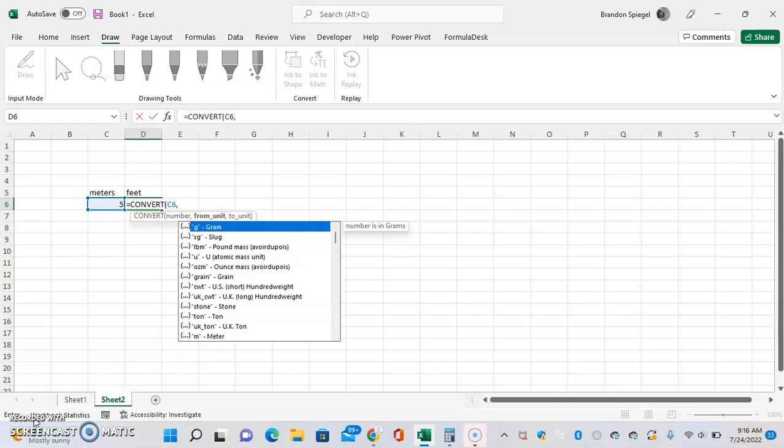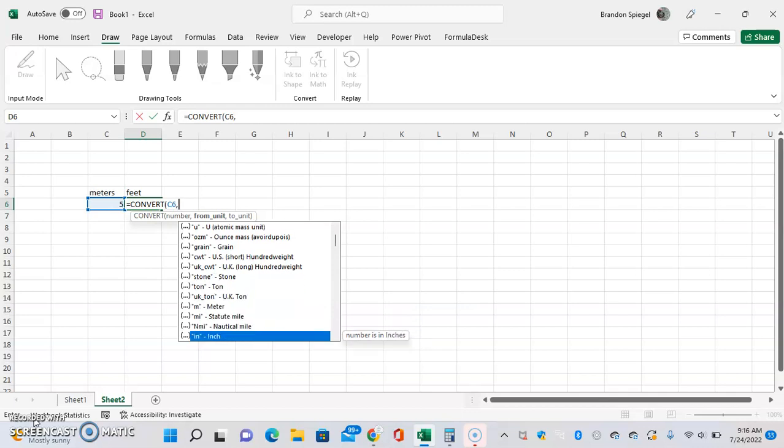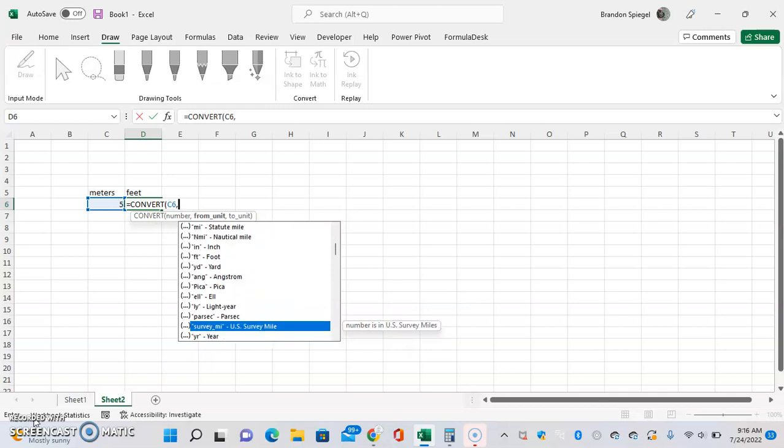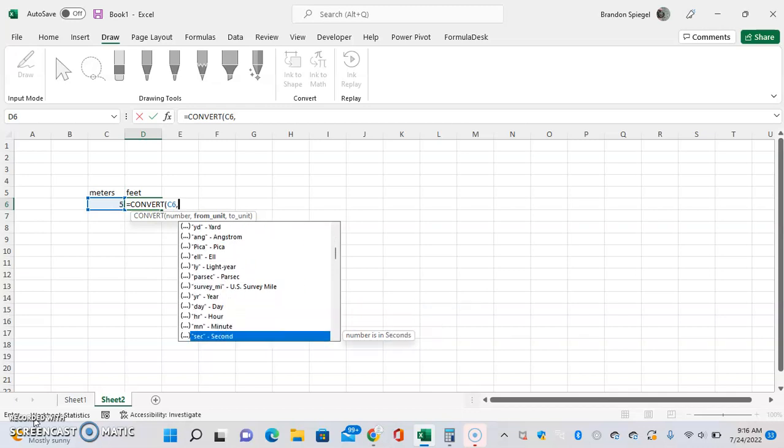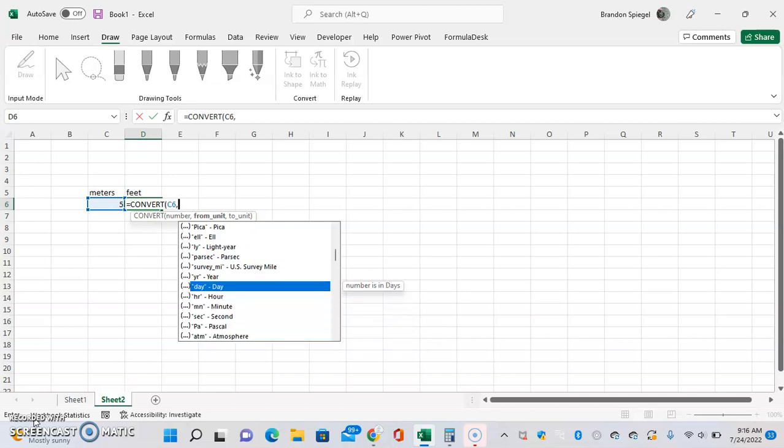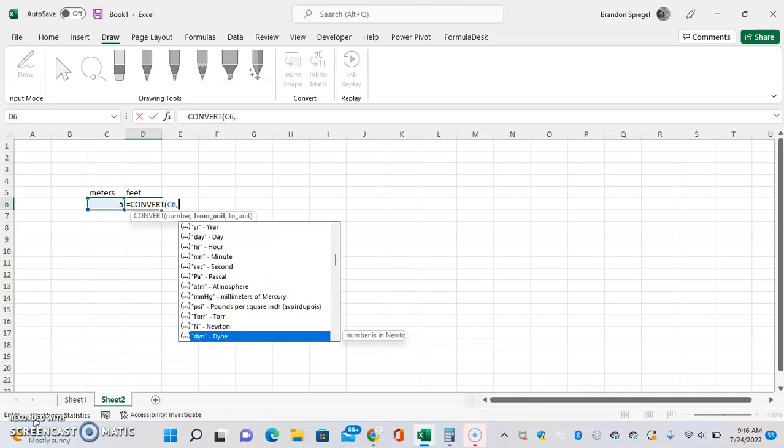And one thing I would like to point out is there are a lot of different units. I was personally surprised myself by the variety of units that you have, but you can do gram, slug, pound mass, ounce mass, short ton, and scrolling down for a bit, light year, time, right? So you can go from day to hour to minute, second.